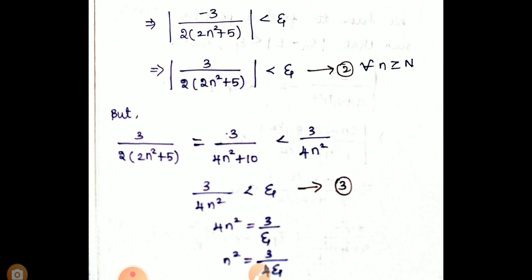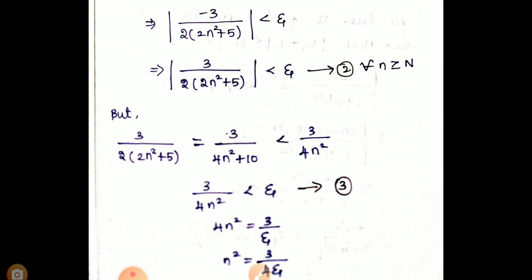Now take the term outside from the modulus. So 3 by 2 into 2n squared plus 5 is equal to 3 divided by, multiplying the denominator, 4n squared plus 10, which is less than 3 by 4n squared.